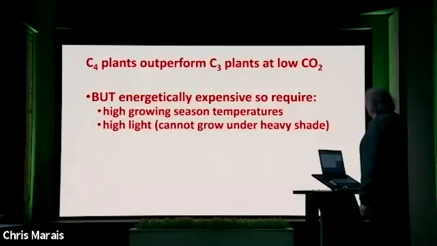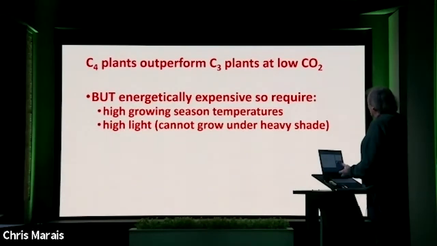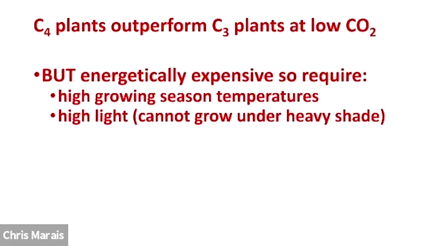C4 plants outperform C3 plants when CO2 is low, as it was in the glacial times. But it's energetically expensive. It requires high growing season temperatures, meaning that they're tropical, and it requires high light conditions, so they don't occur under forests. They're unique to open areas.